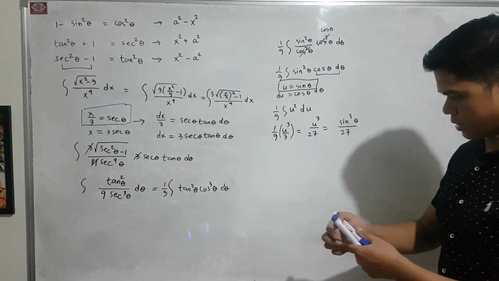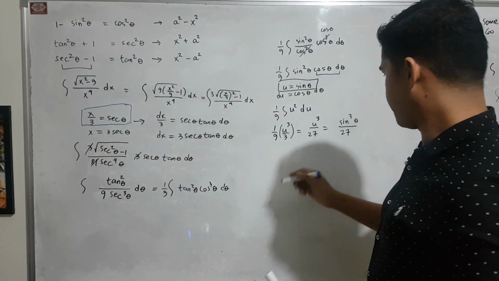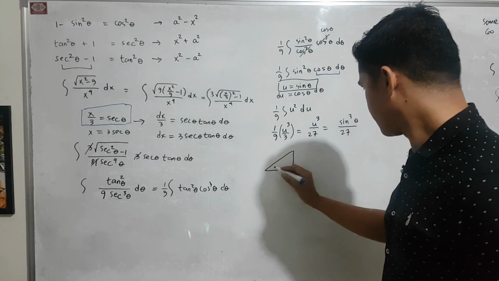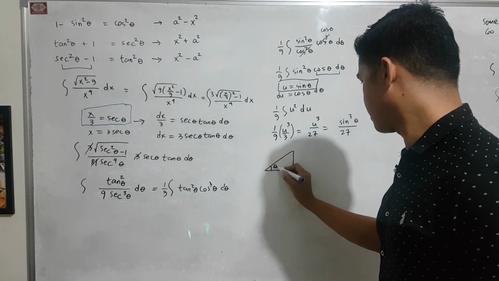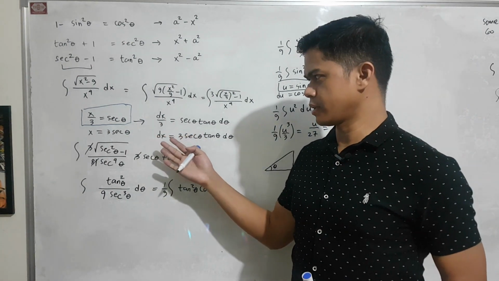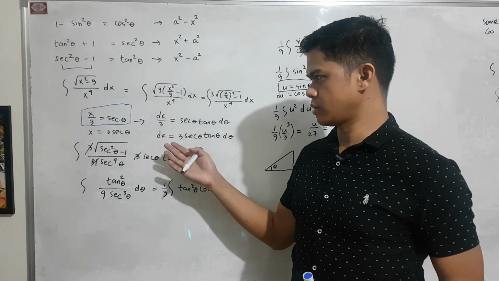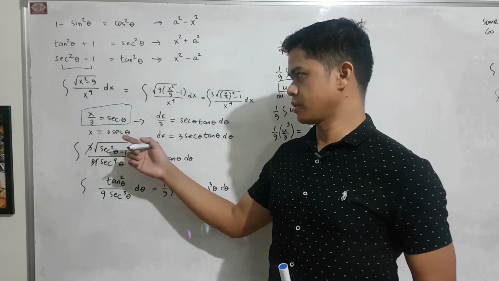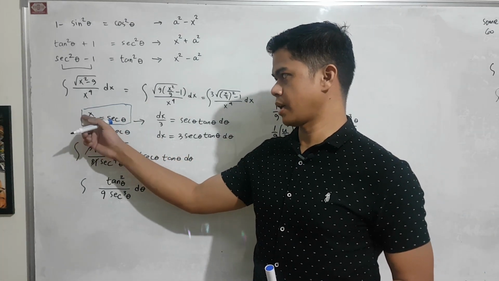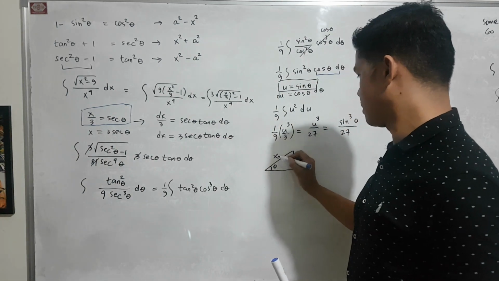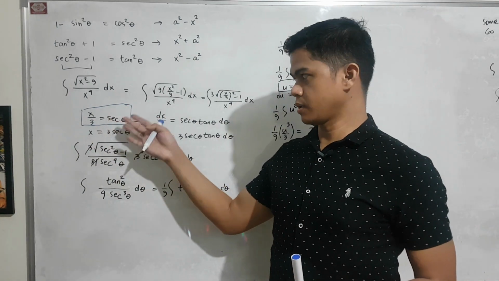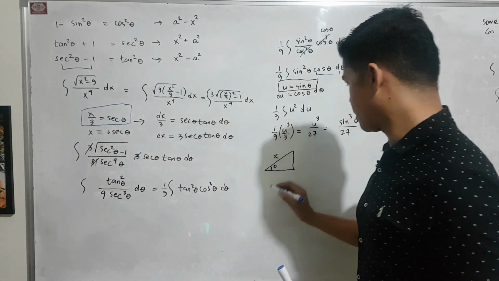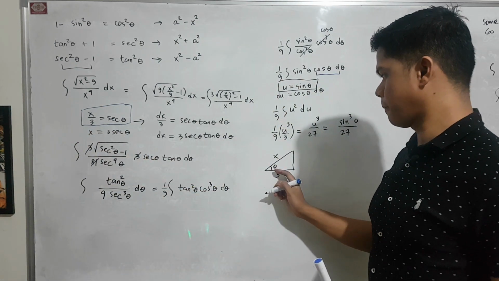So we need to use our concept of a right triangle. This is the theta, and secant theta is hypotenuse over adjacent. So x is the hypotenuse, and the adjacent will be 3 with respect to theta.